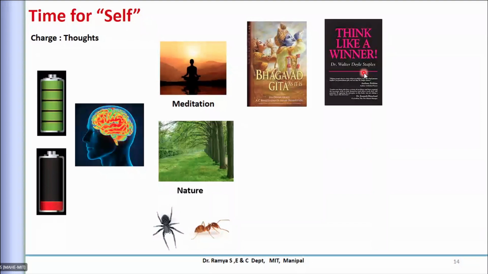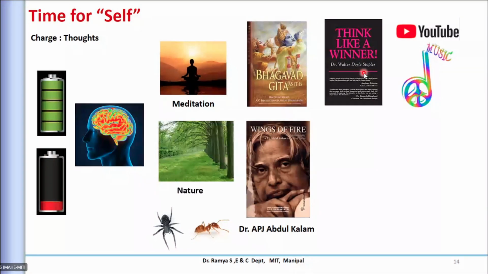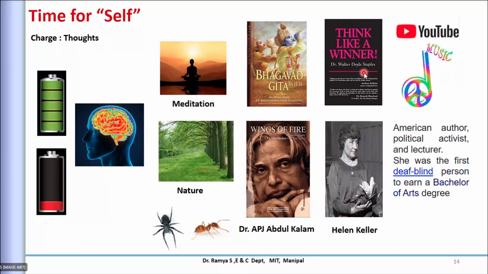You can get this positive charge, a positive thought process, by going through different music or books, because books give you readability where you can imagine how they went through their challenges and how they overcame them. They also had a lot of difficulties, but the way they overcame them is that they thought differently for that situation.